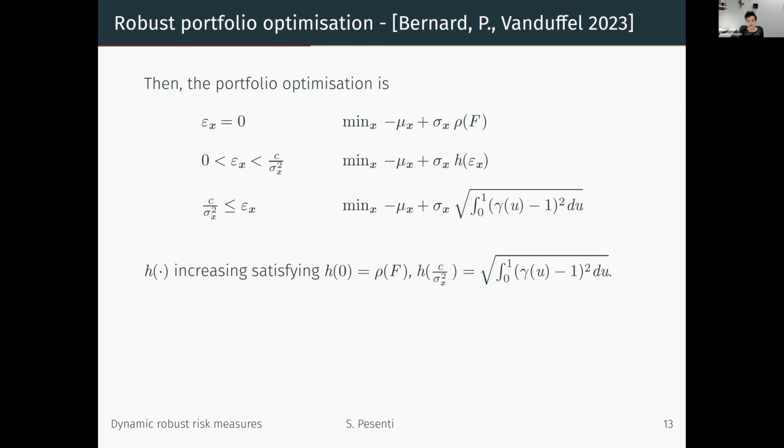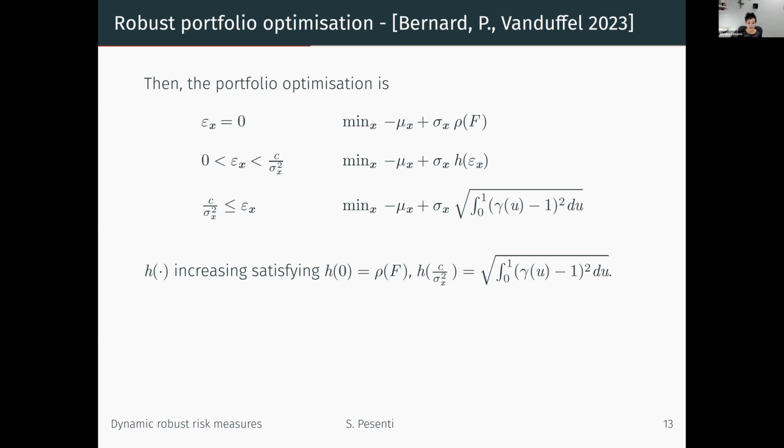If you increase the epsilon, instead of having the sigma multiplied with the risk measure, you get an increasing function that depends on epsilon. I didn't put the function h there because it's a bit complicated, but basically if epsilon is 0, you return the risk measure, and if epsilon is large enough, larger than a constant divided by sigma squared, then you end up in the case where the Wasserstein distance is irrelevant, and you basically only consider the constraints on the mean and covariance matrix.